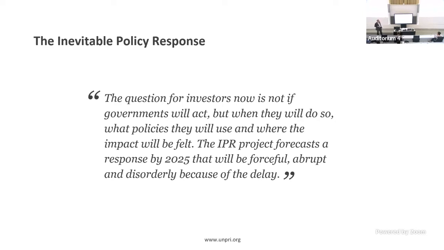The IPR project forecasts a response by 2025 that will be forceful, abrupt, and disorderly because of the delay. And that's what we often have if we don't do things early on with an orderly change: we are going to be forced into a more abrupt change. And abruptness is always going to be costly.